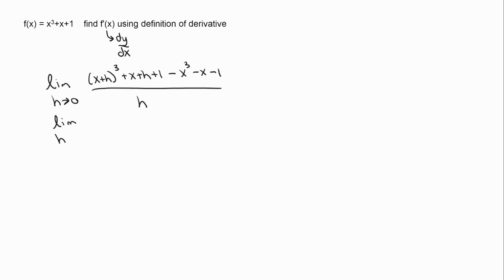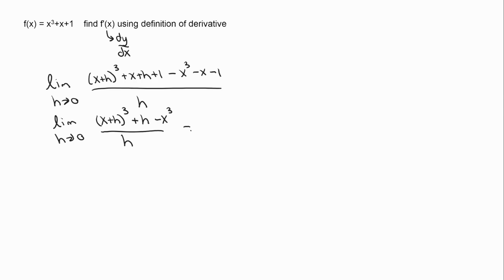So the limit as h approaches 0. We still have this quantity that we'll have to expand in a moment. But our x's and 1's will cancel out, so we'll have (x plus h) cubed plus h minus x cubed on top, divided by h.